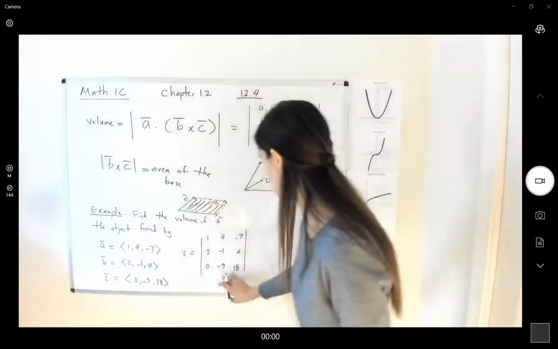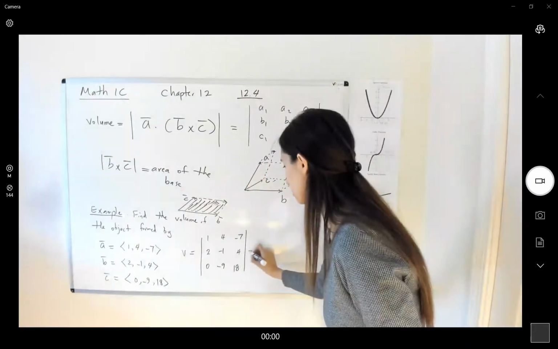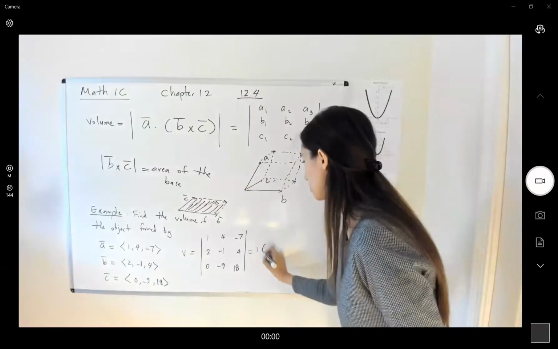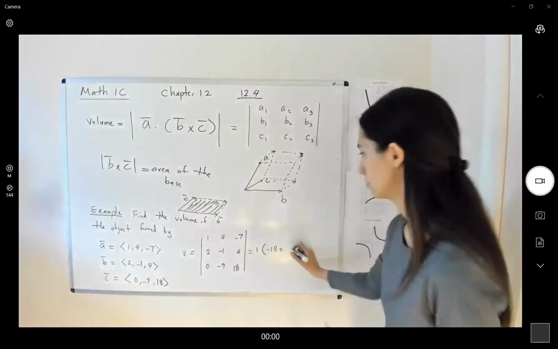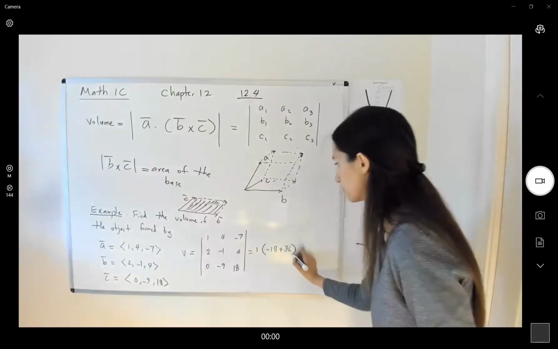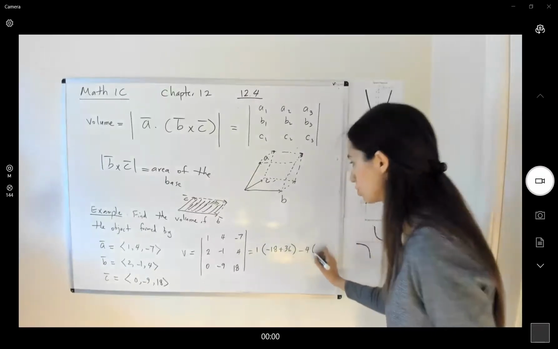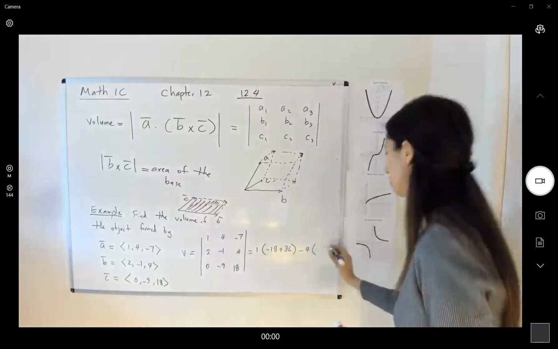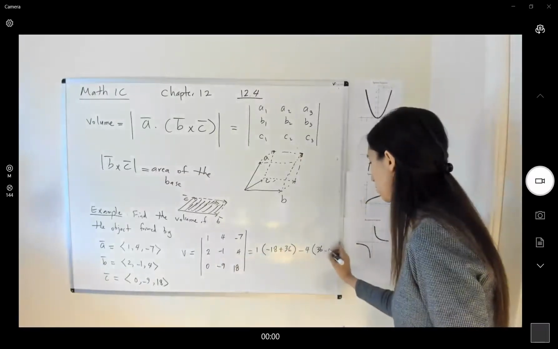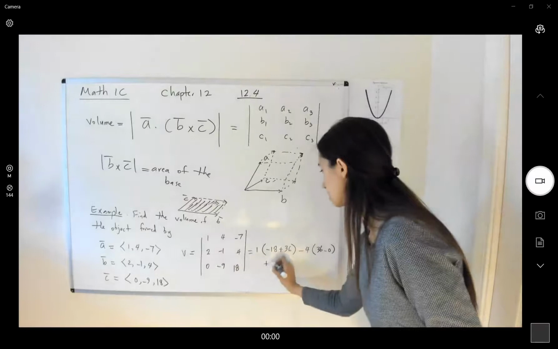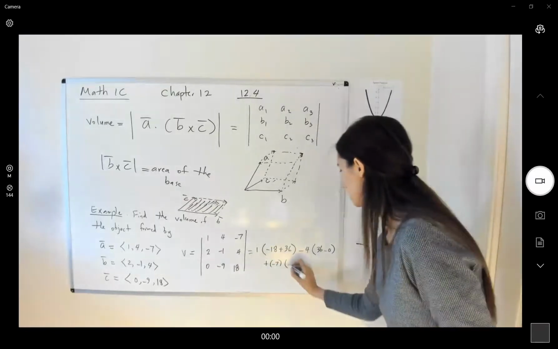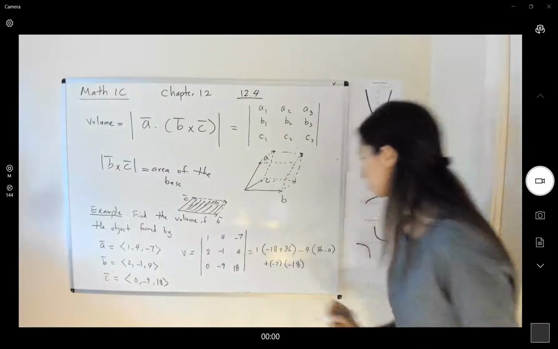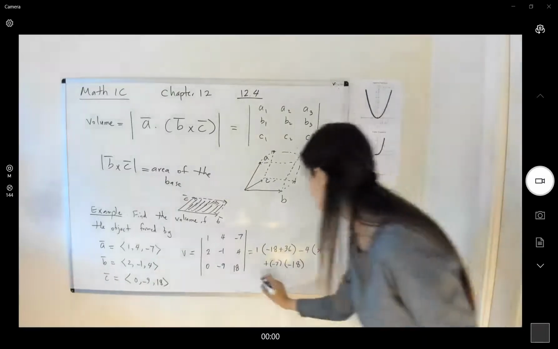If I factor out 9, let's write it this way. So you have 1 times (-18 plus 36), minus 4 times (36 minus 0), plus -7 times -18. Very well. Let's do the algebra.